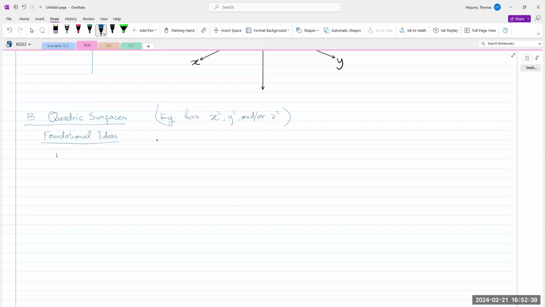And the first foundational idea is on what we call translation. I'm sorry, not translation, dilations. That's the type of transformation in which we stretch or shrink the graph.